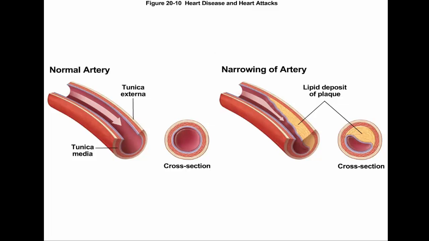But if a person has a problem with high cholesterol levels, hypercholesterolemia, then part of that high cholesterol gets deposited in the tunica of the actual artery, and that deposit takes up space, and that space causes a narrowing of the arteries, and of course that narrowing will decrease the amount of blood, oxygen and nutrients that can reach the heart muscle.